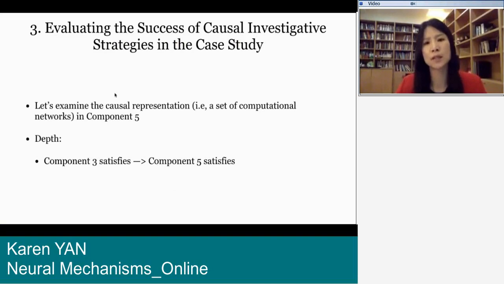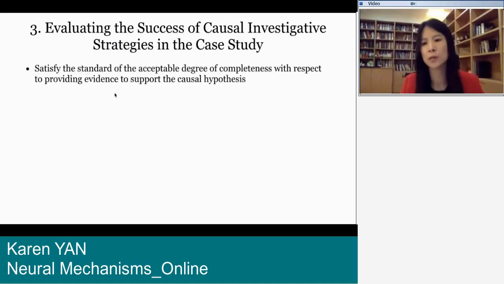Okay, now let's move on to the second representation, that is the set of computational networks for doing simulation. About the first standard, because it's based on component 3, which is that table of quantified measures, if the quantified measures are satisfied, naturally component 5 is satisfied. So we only need to deal with the completeness part. I think the computational model also satisfies the standard of acceptable degree of completeness with respect to providing evidence to support a causal hypothesis.